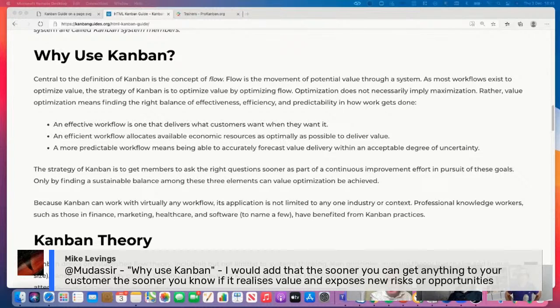So I would add that the sooner you can get anything to your customers, the sooner it realizes value and exposes new risks and opportunities. And that's kind of where we're going as well, because when you manage items in progress, you can use all sorts of fancy techniques to figure out the rank of items coming in before you start them. But once you start them, just finish them. Because we actually don't know how valuable they are until they go live.